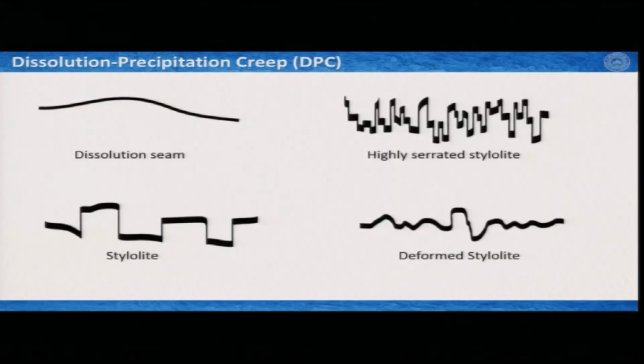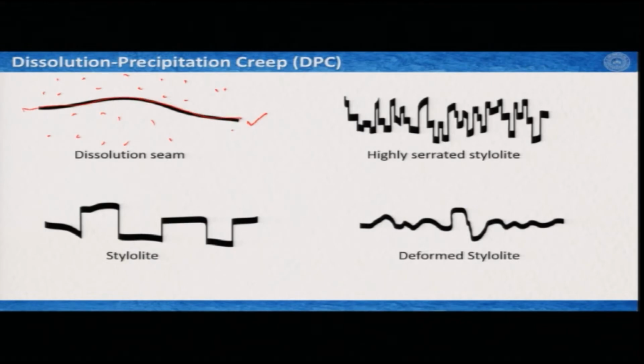Now, if it happens on the surface, initially we develop some sort of plane which is known as a dissolution seam. So, you have one grain or one area here, and then you have another area here, they just compress each other, and then along the dissolution seam the materials get dissolved.